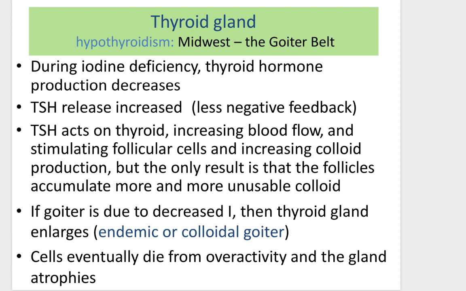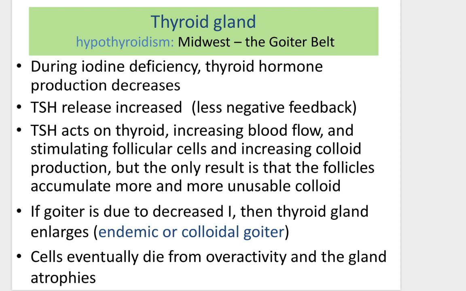Okay, what is the goiter belt? Yes, it is the Midwest and it is connected with iodine deficiency. During iodine deficiency, thyroid hormone production decreases. Earlier it was a very important problem because a lot of regions that are not near the seaside, and especially mountain regions, were very typical for iodine deficiency, and this iodine deficiency in a lot of people led to hypothyroidism.